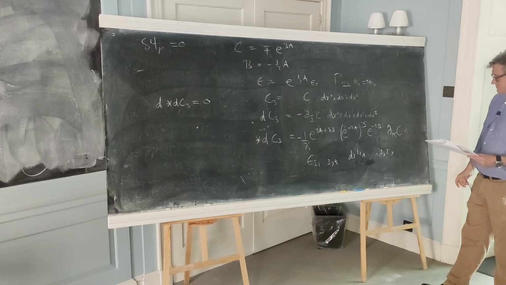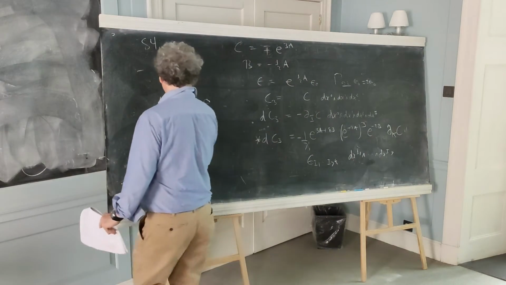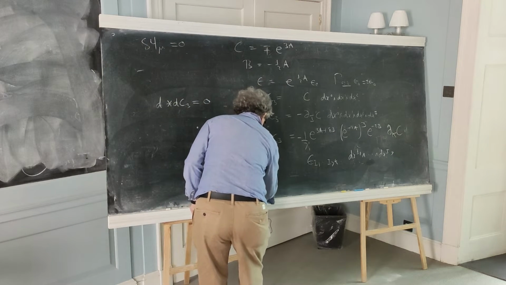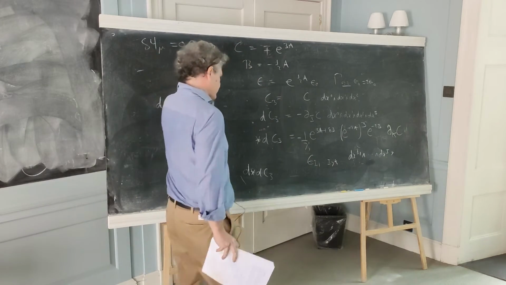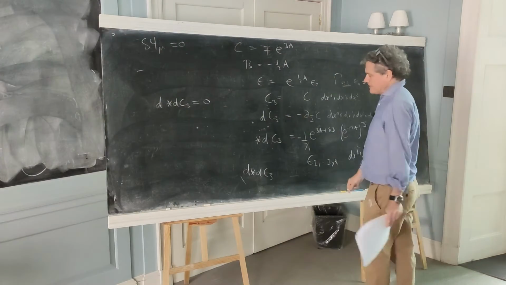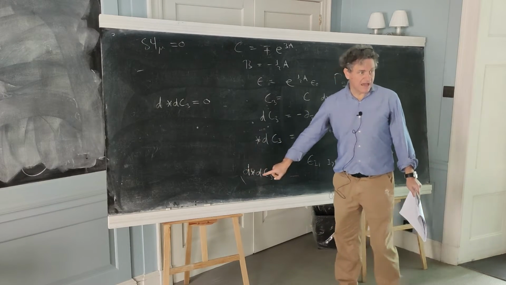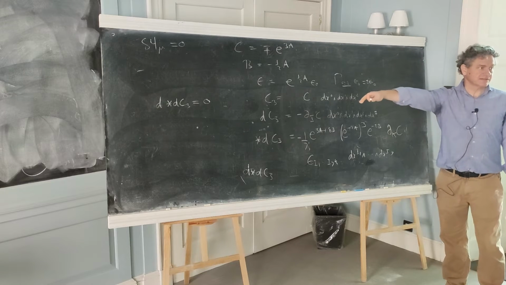Alrighty. Well, what we want is the next step, which is d star dc3. If you think about it, this is now going to be an 8 form, right? 3, 4, 7 plus 1, 8 form. And it's going to live entirely in the transverse space.